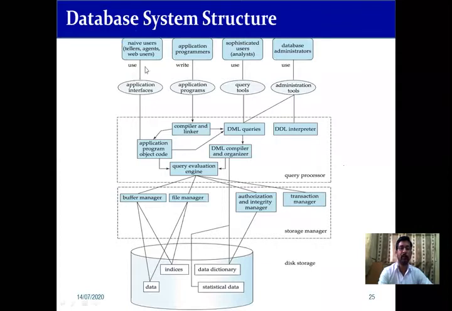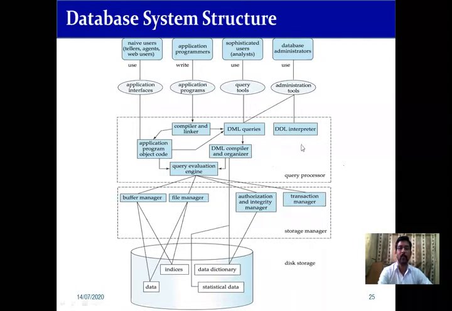The fourth component of the first module is the naive users. They do not have that much skill, and they use automated teller machines, agents, and web users, for example. They use ready-made application interfaces to interact with the DBMS system. Understood now? This is the first module, database users and interfaces, of the database system structure.